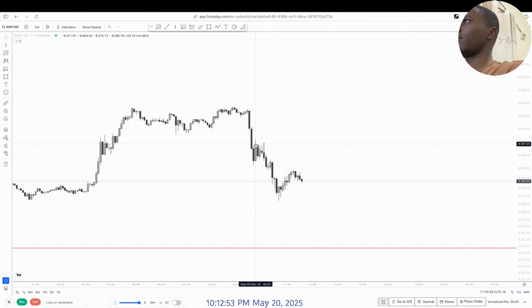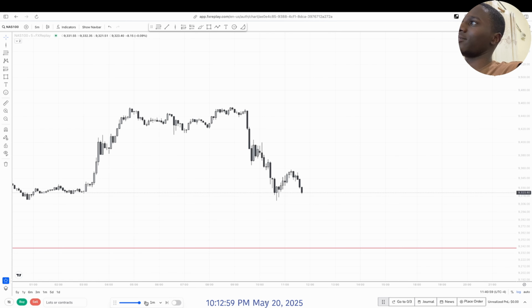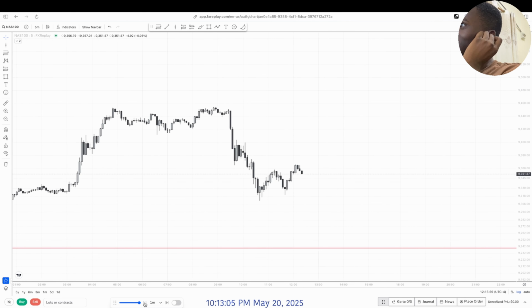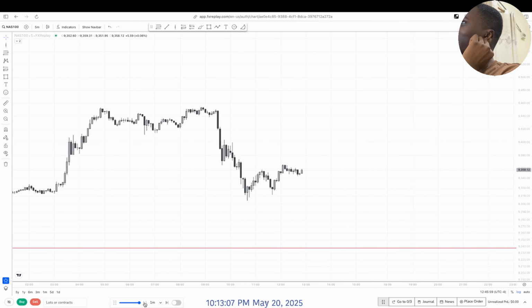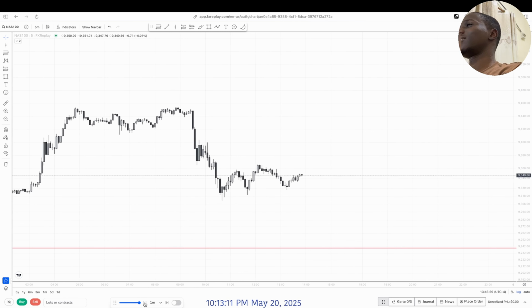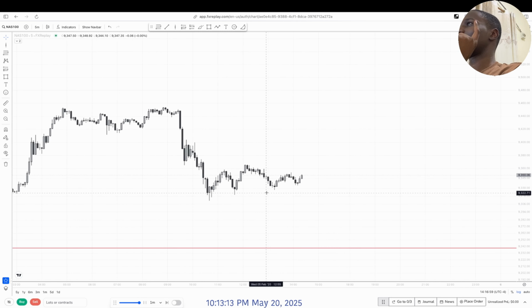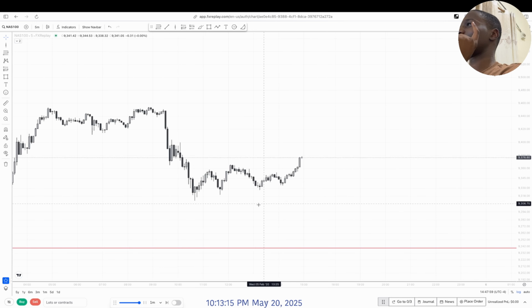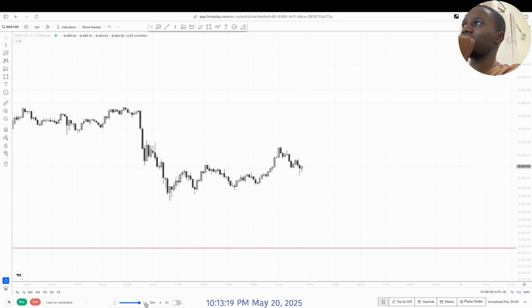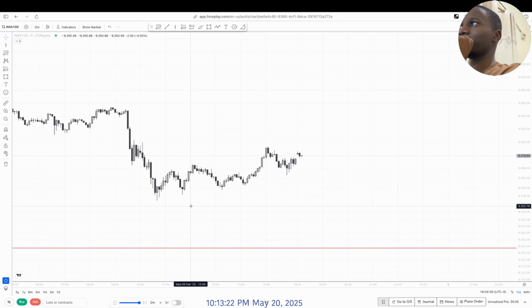So it held, as you can see, but we're still in a high time frame fair value gap. So you can see it's now more consolidating a bit, which was not what we wanted, but it's generating liquidity, some equal lows, trendline lows, something like that, which means if you were to drop, then we'll be targeting this.